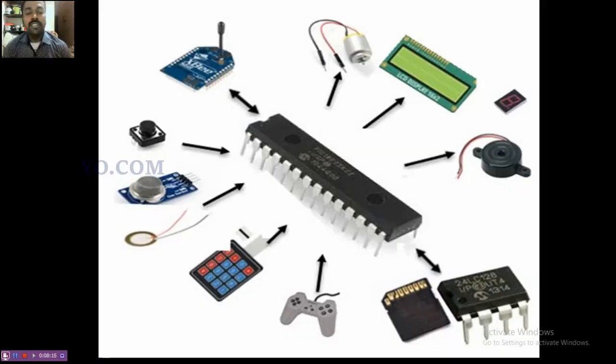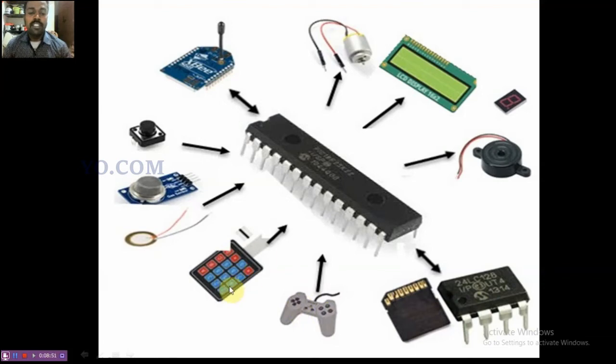Next, this is a symbolic diagram, just so we can understand. The microcontroller can connect all the surrounding devices. This is one DC motor, this is an LCD interface, this is a 7-segment interface, then a buzzer, a memory IC and memory card, that is a chip. Then an input device, the keyboard. Actually this is a PlayStation, some PlayStation related one.